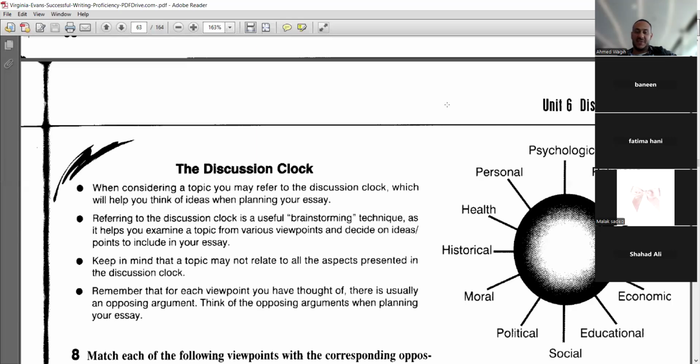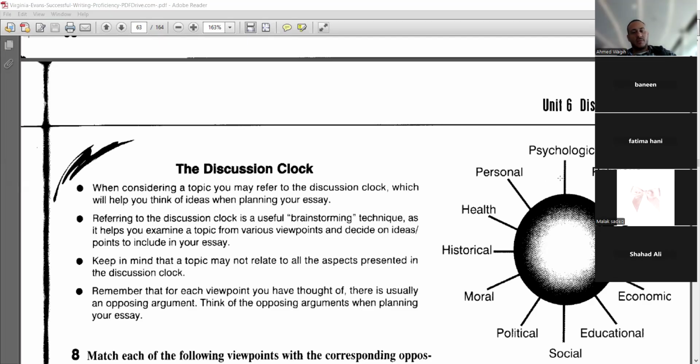This is the second technique, which is the discussion clock. As I told you, I used to use this technique for the last 10 years. What is the discussion clock? I think it's a little more detailed than the hand approach.